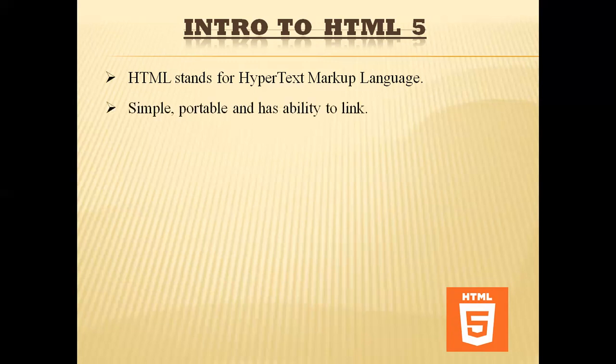HTML5 is a simple language written in simple English tags. It is portable and has the ability to link. You can design forms in HTML5. Form, which is a structure with collection of different controls and which is used for data entry.